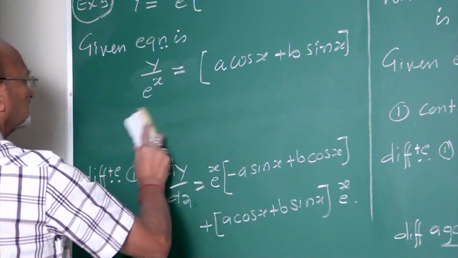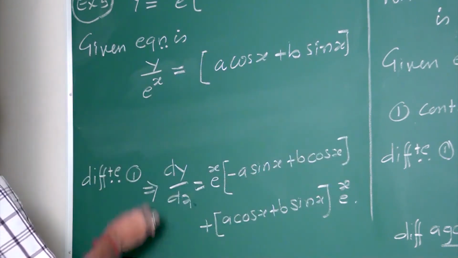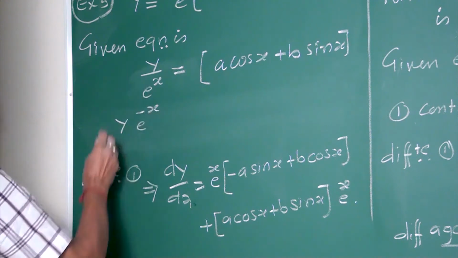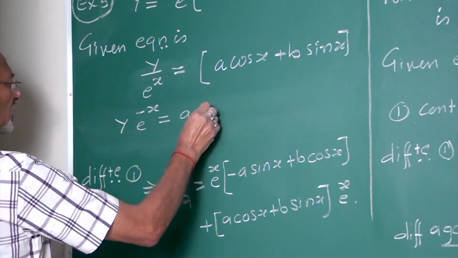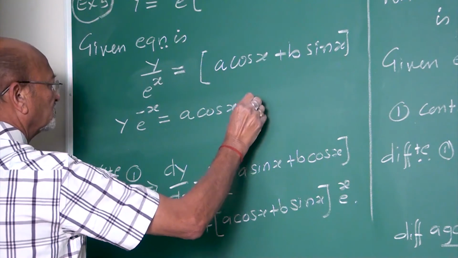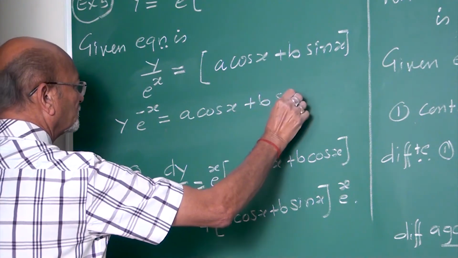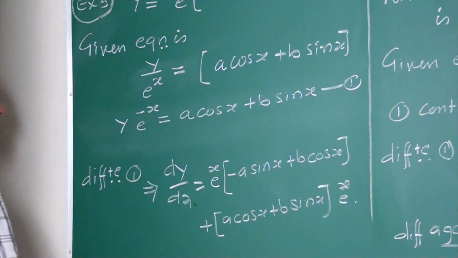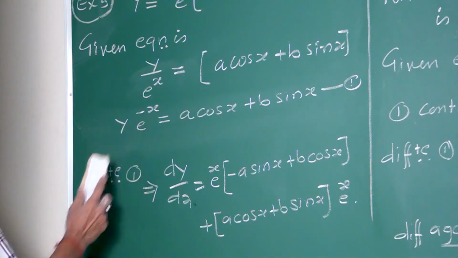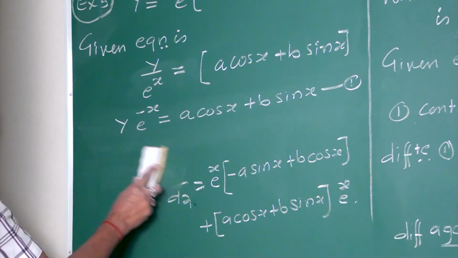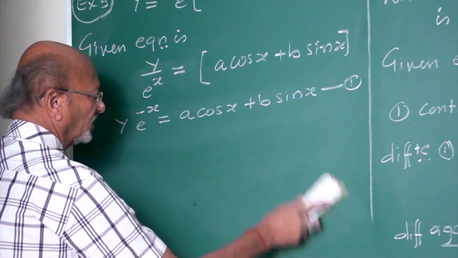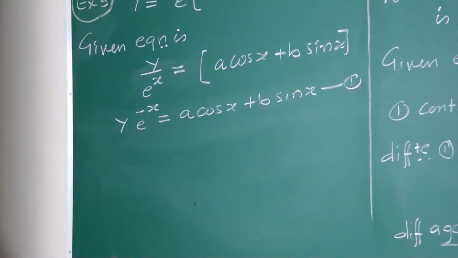It becomes y into e to the power minus x, since x becomes minus x, equal to a cos x plus b sin x. This is equation 2. Now differentiate equation 2 the first time, then the second time, because two arbitrary constants are there.